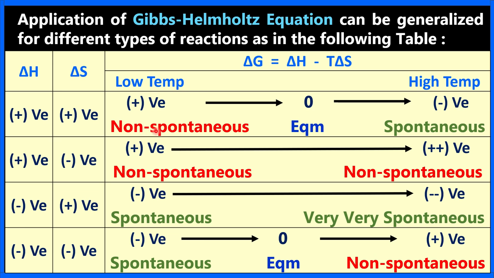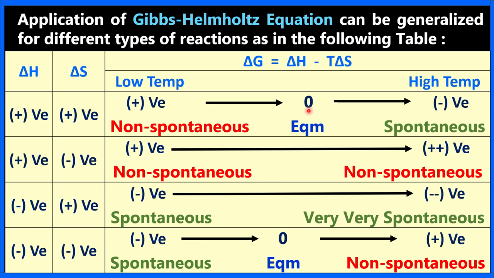That is non-spontaneous. With increasing temperature, the value of T delta S increases, and hence at a particular temperature the value of T delta S should be equal to delta H. That is, at that temperature delta G should be 0, and hence the reaction will attain equilibrium at that temperature.